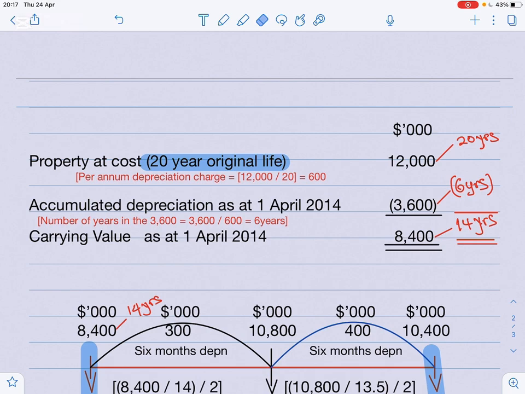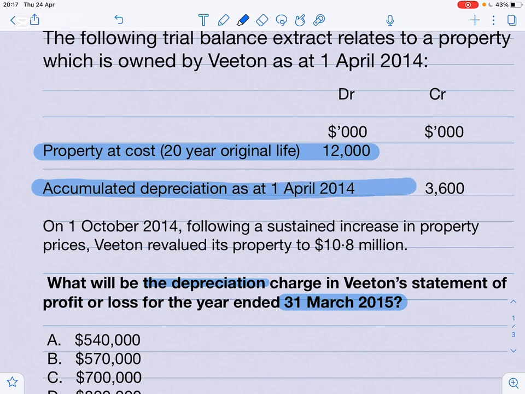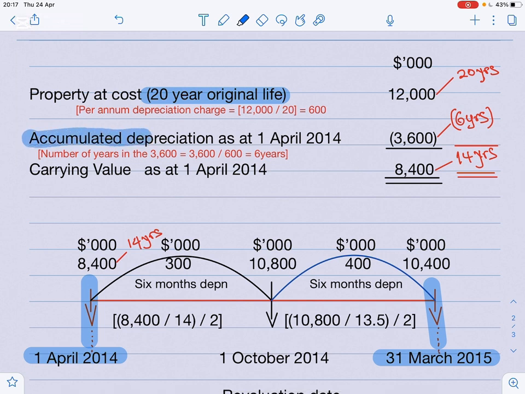All right, so going back to the question, I also want to bring in this other bit that is talking about the accumulated depreciation. So let's come here. That's the same thing that I have here for you. So let's talk about that. It says accumulated depreciation as at 1st April 2014, 3.6. Remember, we have dollar and 3 zeros there. So the 3.6 there is actually $3.6 million.